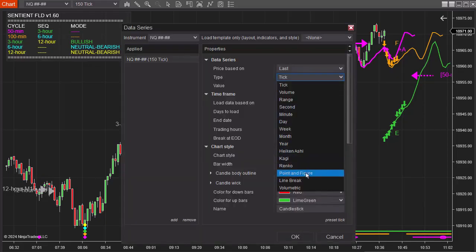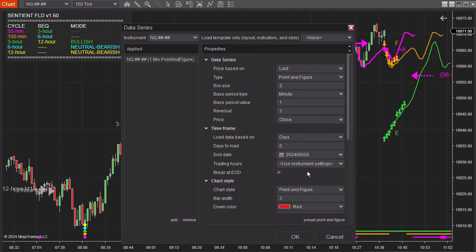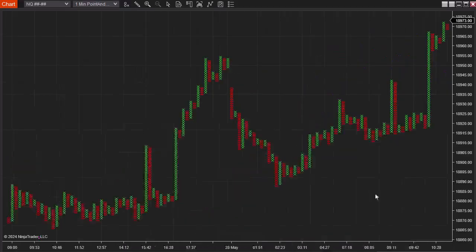Another interesting chart that is worth exploring is a point and figure chart. Let's change our box size to 4 and let's create a point and figure chart. Again, the point and figure chart, as you can see, is not time-based. You will notice immediately that the time scale seems a little strange because time occasionally stretches and at other times compresses on that x-axis.